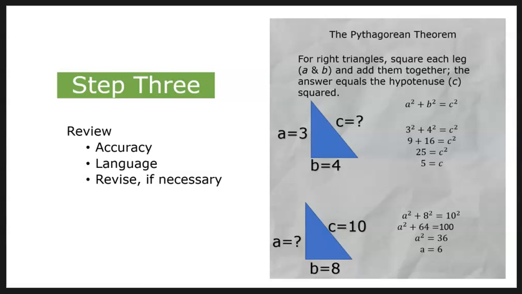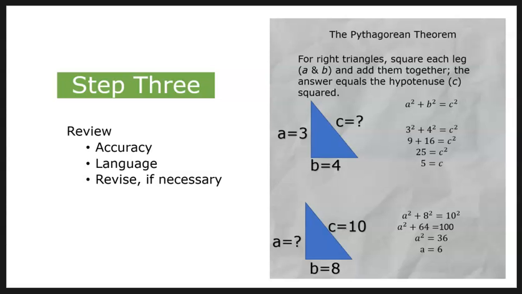After you have your own definition of your concept, you need to review and analyze it. While completing this step, make sure that your definition is accurate and not missing any pieces. You should also take this time to check your wording and take out any technical words or complex language. Revise your explanation if necessary.